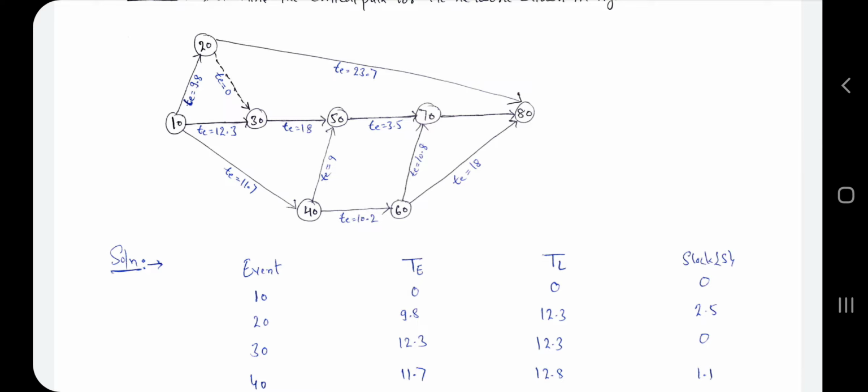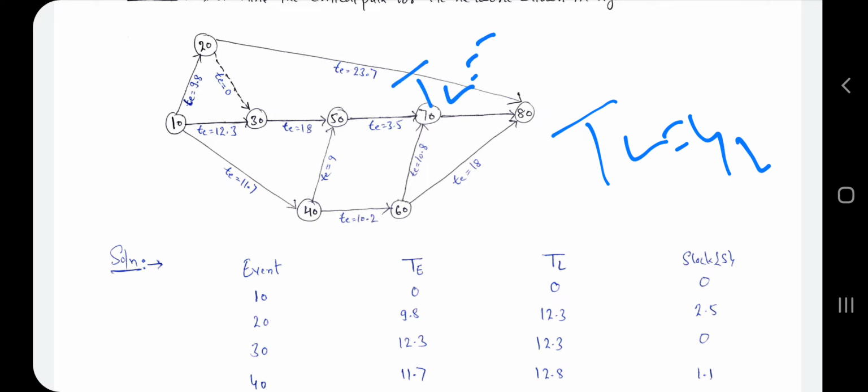Now if we reach 70 to 60 and 80 to 60, here the TL value is 42 and here the TL value is 33.2.